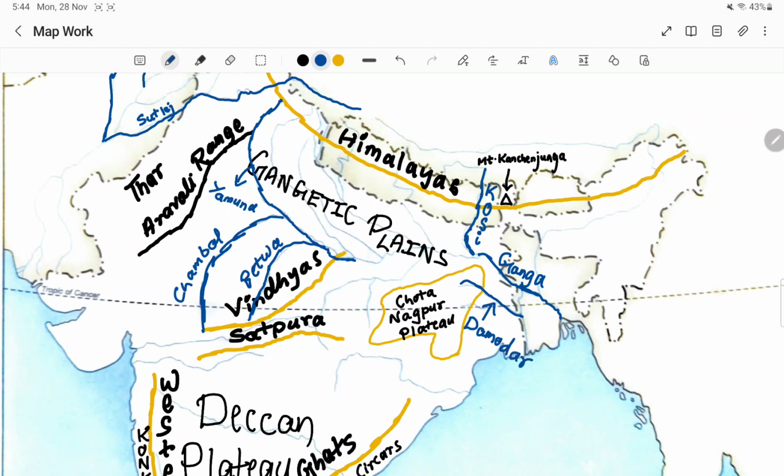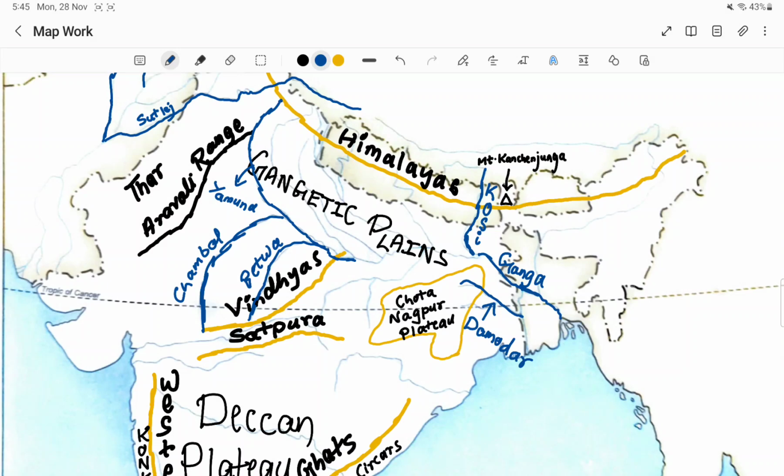After this, the next river is the very important Brahmaputra River, or basically we can say that the confluence of this Ganga River and the Brahmaputra River forms the world's largest delta, that is the Sundarbans, just below West Bengal.